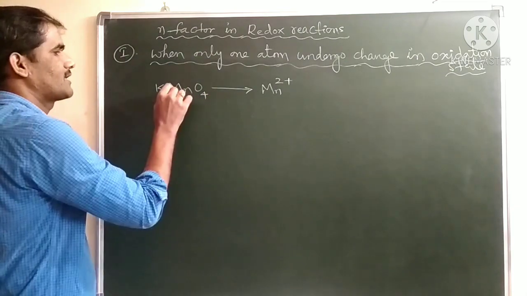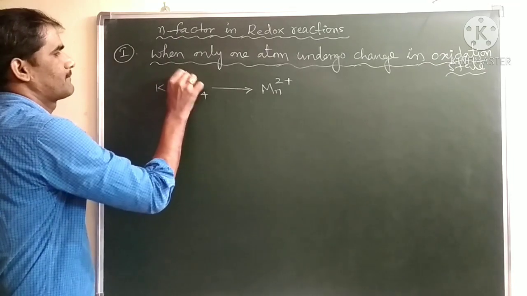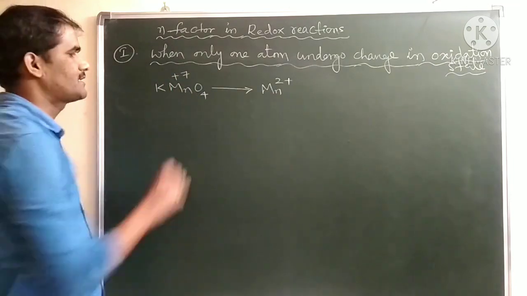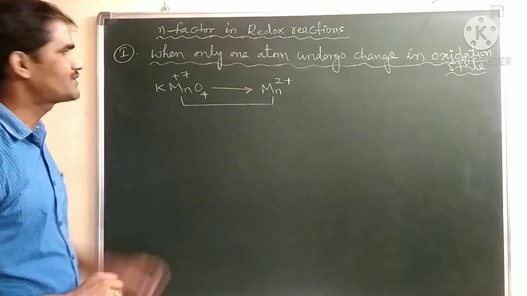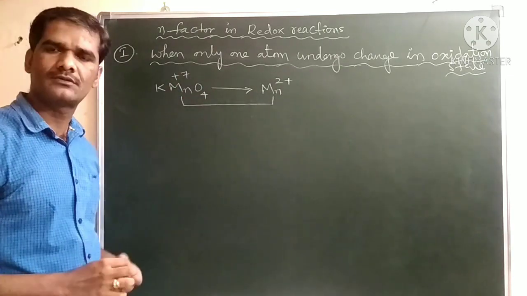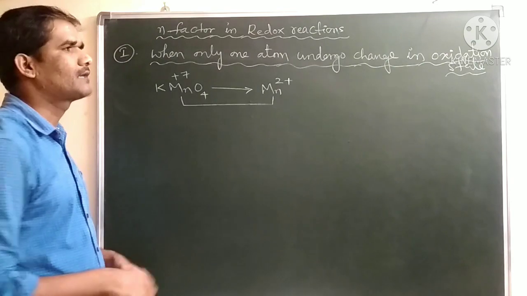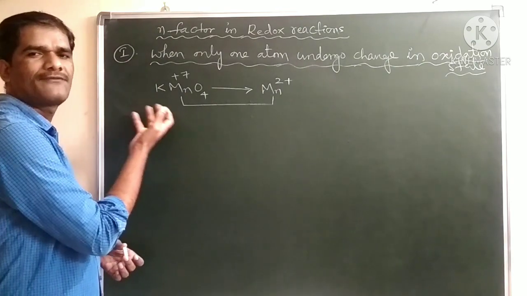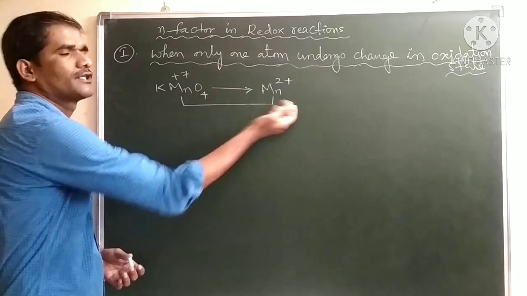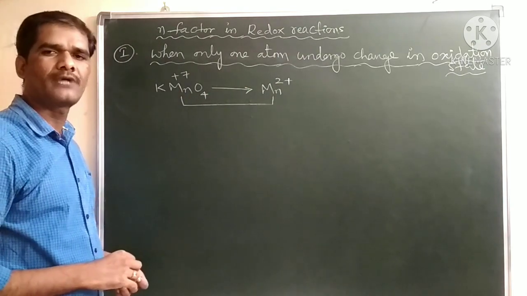What is the oxidation state of manganese here? +7. So it is changing from +7 to +2. Here it gains 5 electrons, converting Mn+7 to Mn+2.